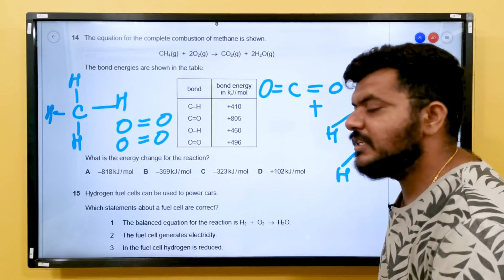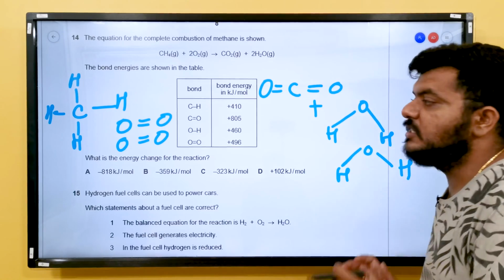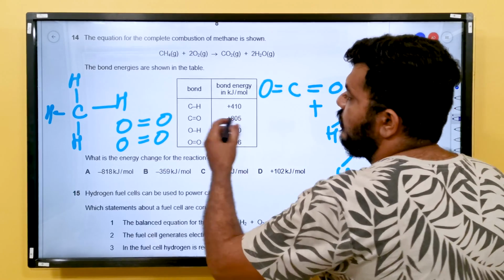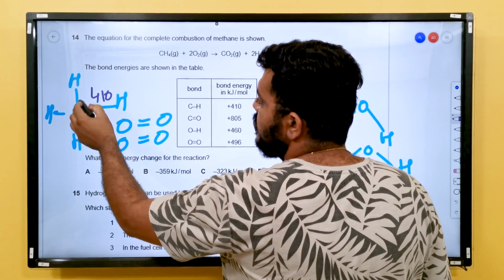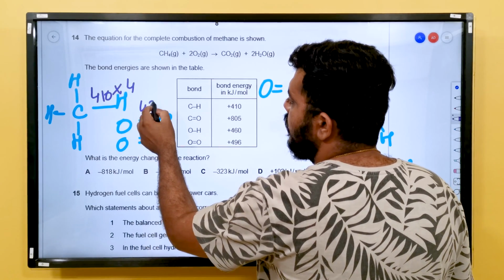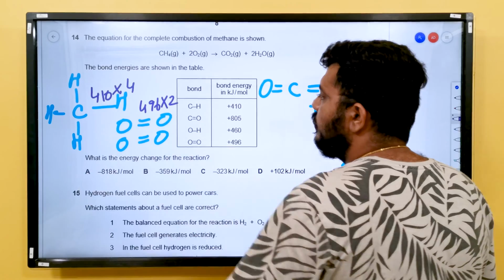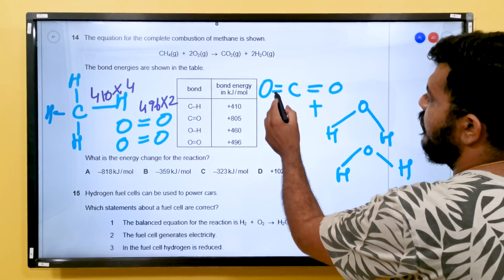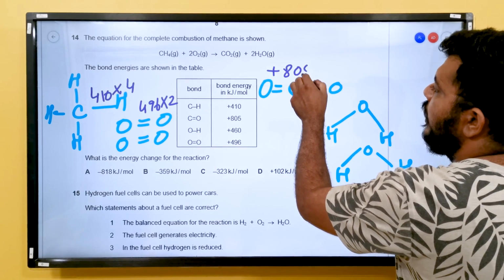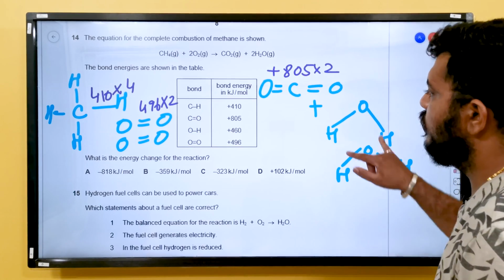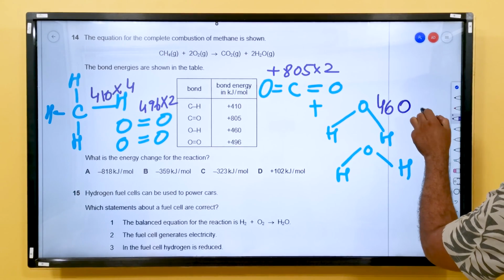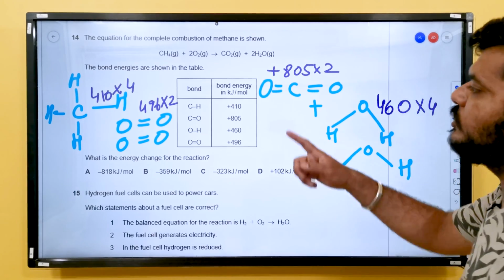Breaking a bond requires energy, making a bond releases energy. So let's also find the energies related to this. So 410 multiplied by 4, oxygen O double bond O, so 496 multiplied by 2. Okay, we have C double bond O, it's 805 multiplied by 2, and you have O-H bond at 460 kilojoules per mole into 4, because there are 4 such bonds.